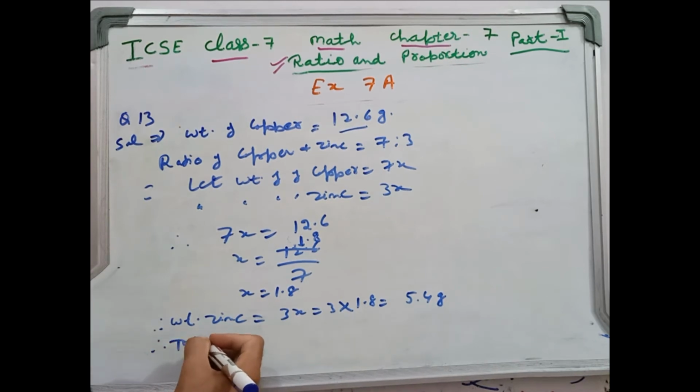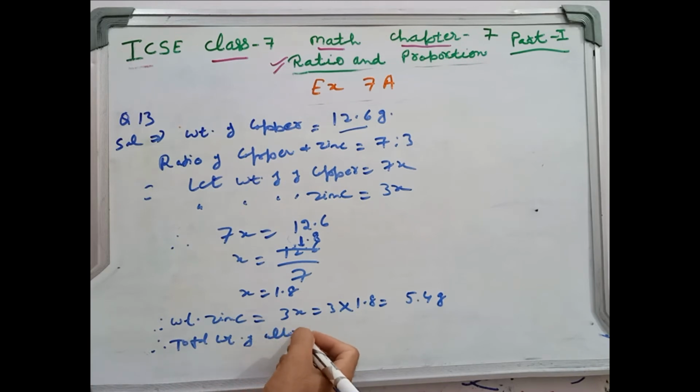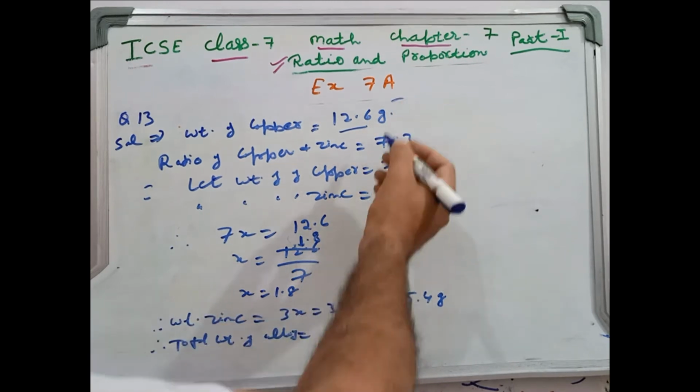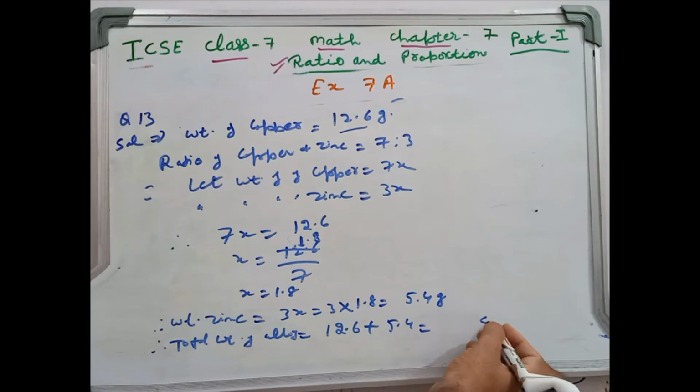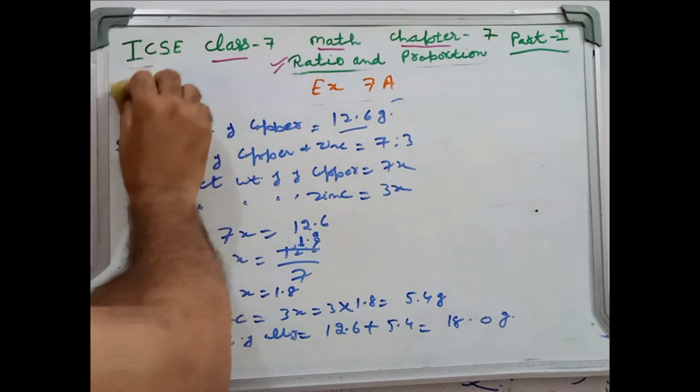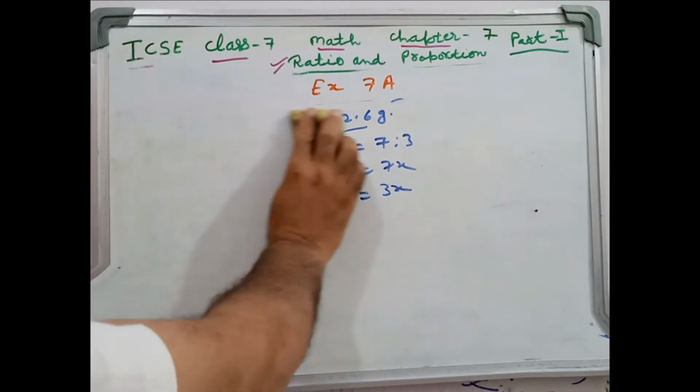Therefore, total weight of alloy, that is weight of copper plus weight of zinc. 6 plus 4, 10, plus 12, plus 5, 17, plus 1, 18 gram. Right? So students, this was your question number 13. You can do it in any way.